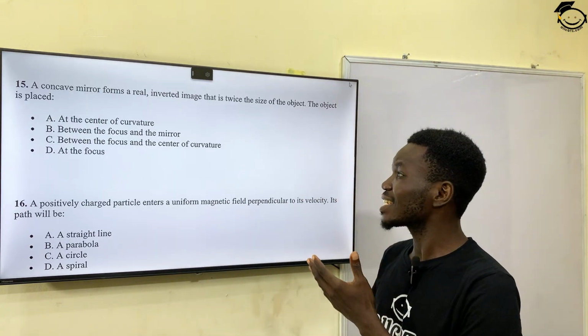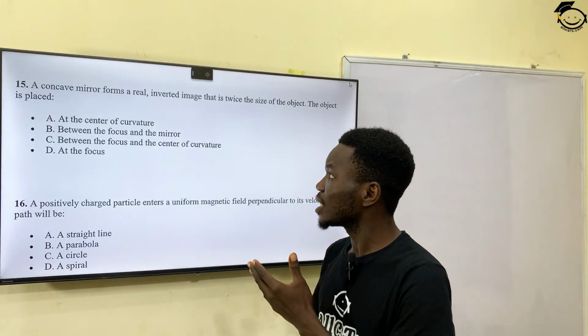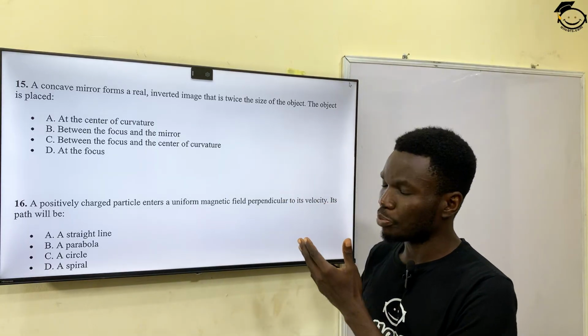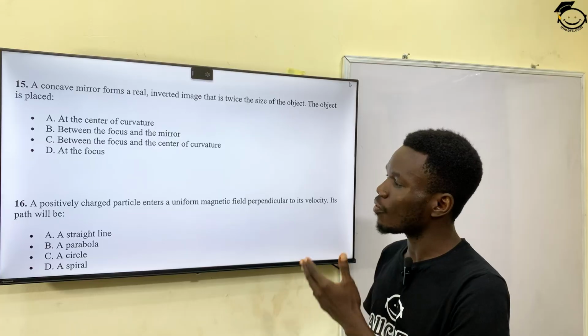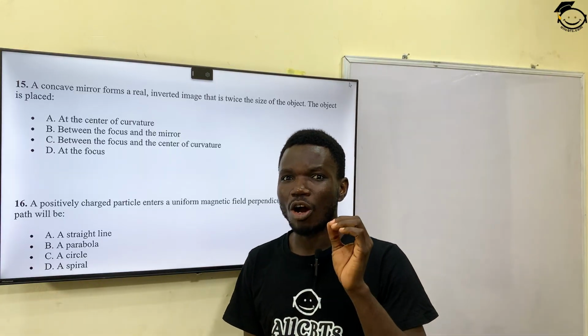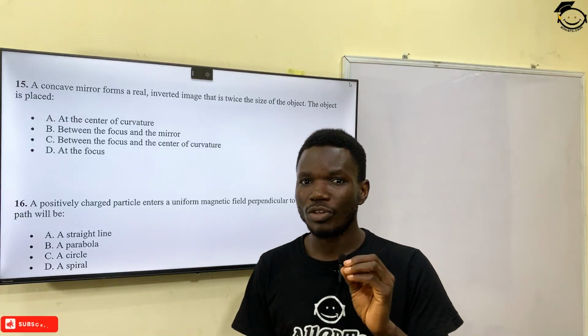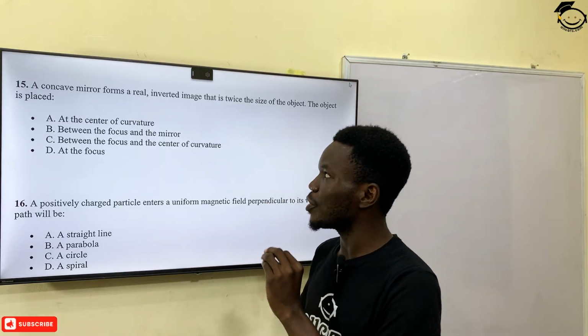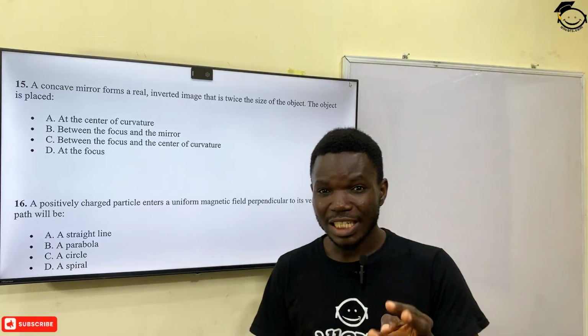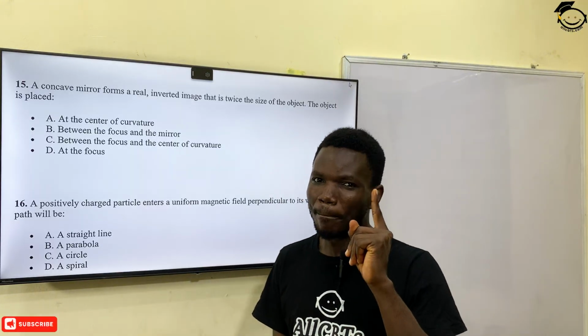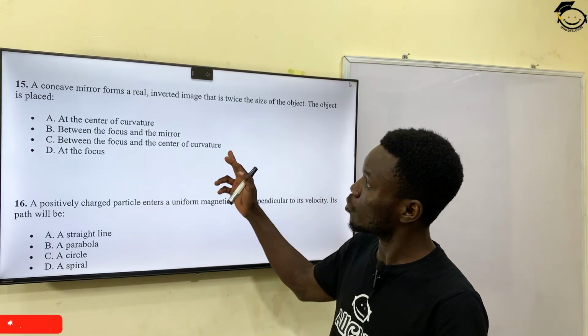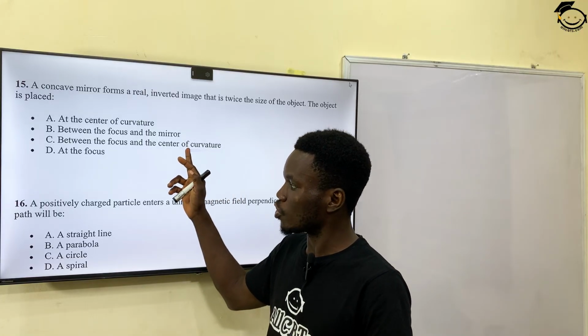You have to place the object between the focus, the principal focus, and the center of curvature. Whenever the object is placed between the focus and the center of curvature of a concave mirror, the image formed is real, it is inverted, and it is magnified. So the correct answer to this question is option C.